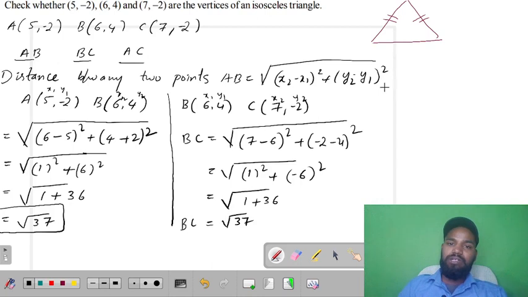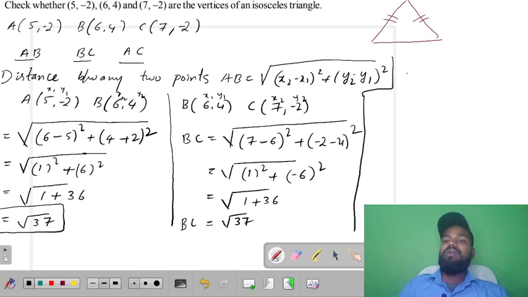Now we are going to find one more thing, that is AC. What is A here? A equals (5, -2), and C is (7, -2).